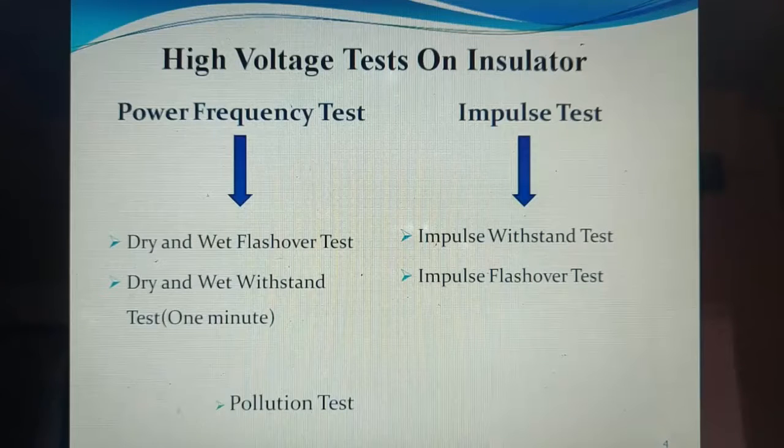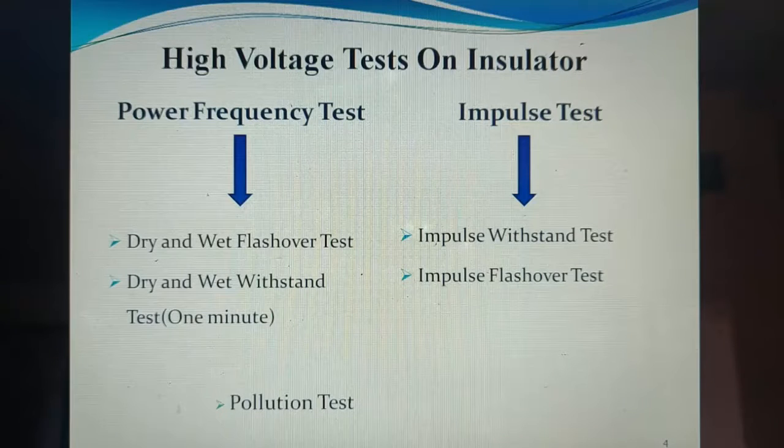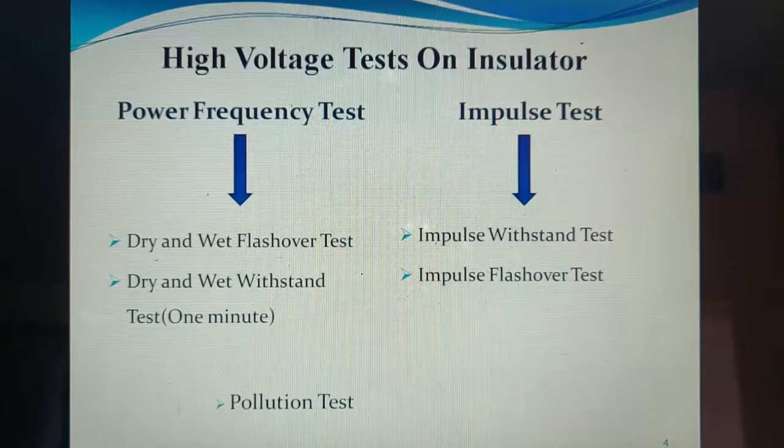The test voltage is applied to the insulator for one minute with artificial rain at a 45 degree angle, and the voltage is gradually increased until flashover occurs.